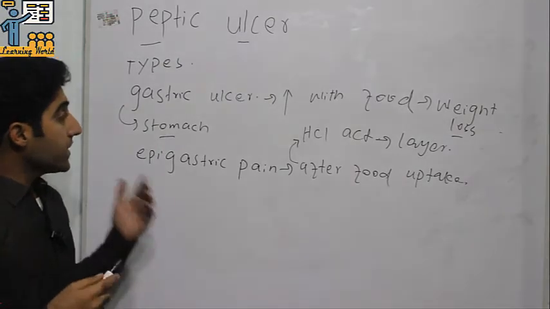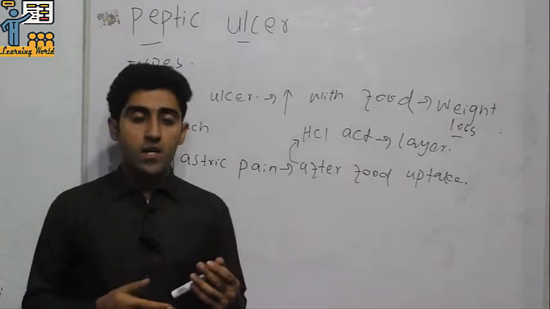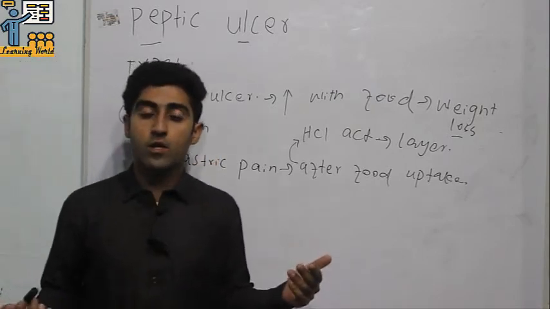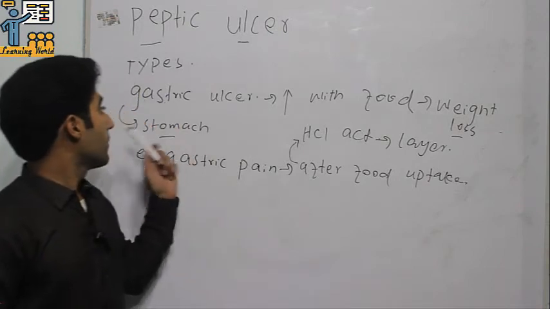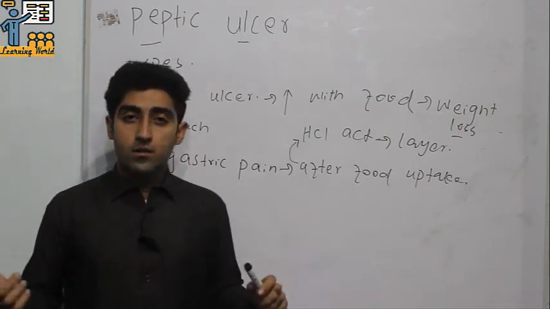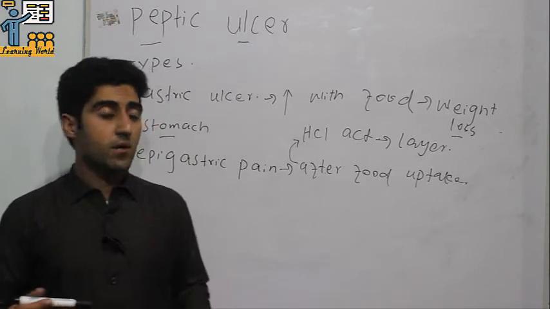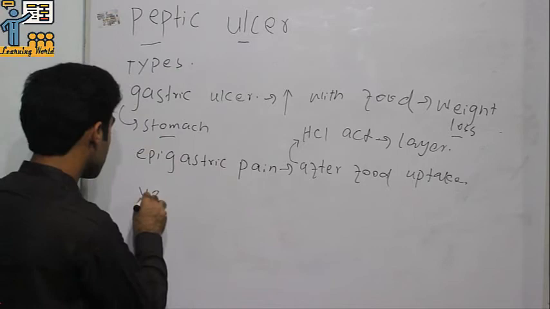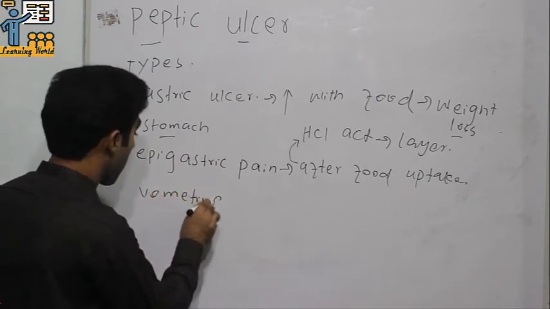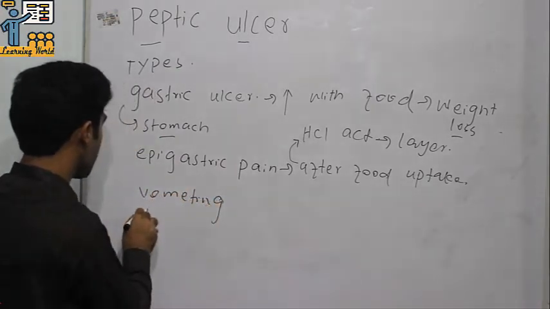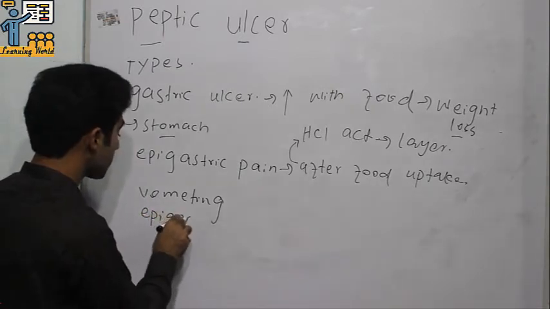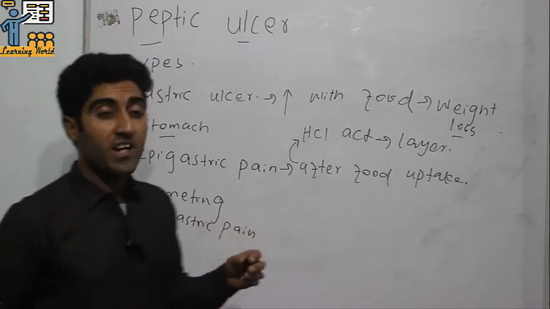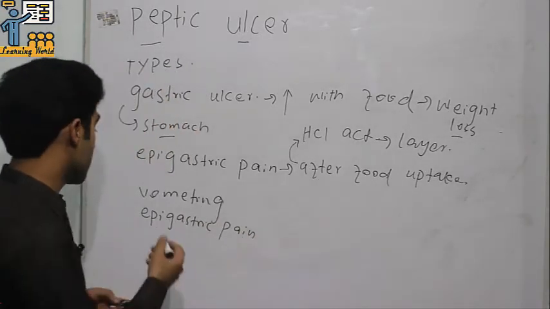In gastric ulcer, the desire for food will also decrease, because after food intake epigastric pain will occur, so food avoidance will also occur here. There are some signs and symptoms of gastric ulcer. Vomiting will occur, epigastric pain will occur, and there is burning in the upper abdomen.